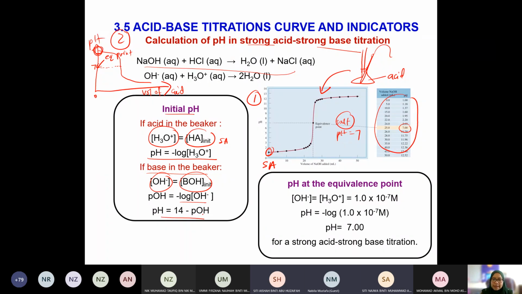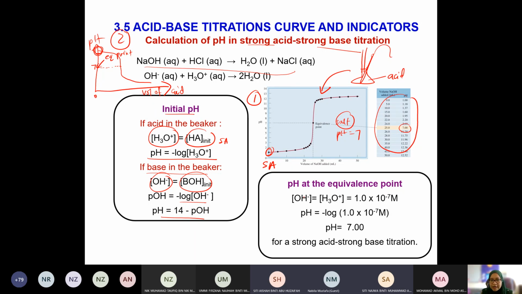Ini plan dia. How about pH at equivalence point? So this is something yang you tak payah worried. There's no calculation involved because, based on our understanding, if we have strong acid versus strong base, the salt produced will be neutral.